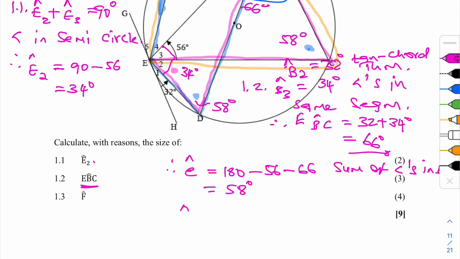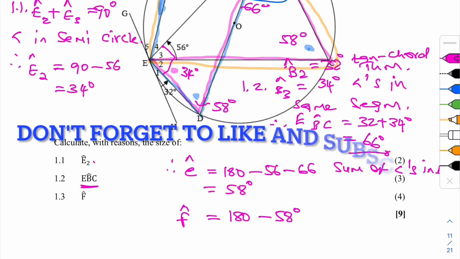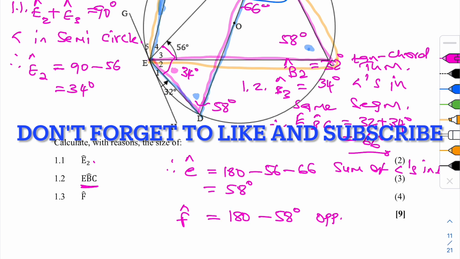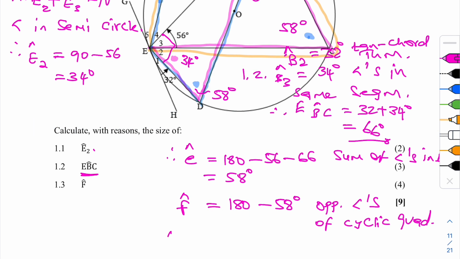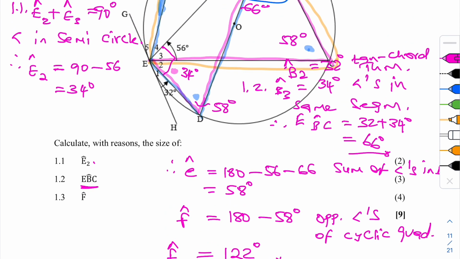So we'll say angle F is equal to 180 minus 58 degrees, reason being opposite angles of a cyclic quadrilateral. So therefore angle F is equal to 180 minus 58, that gives us 122 degrees. Okay, so that's the end of that question.